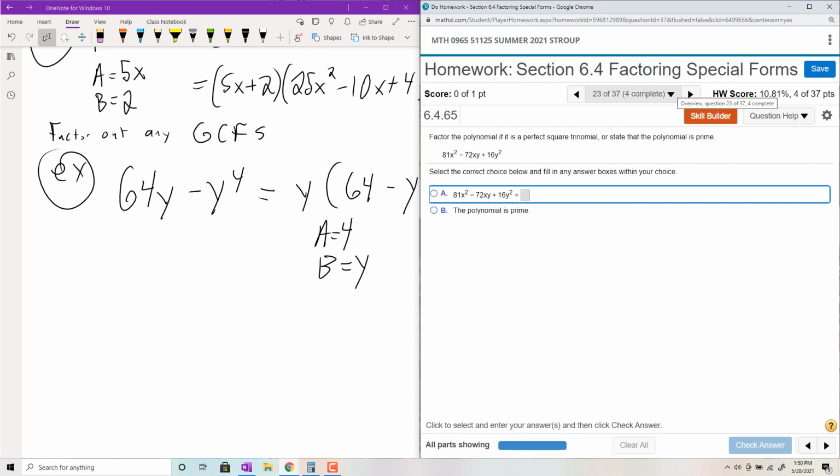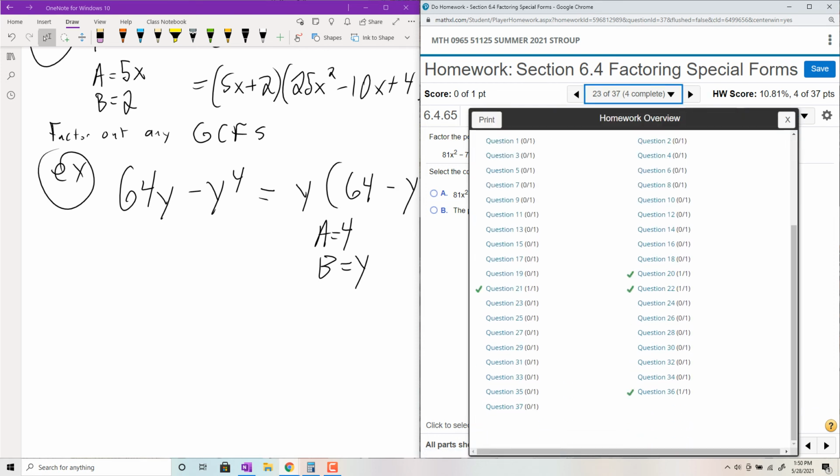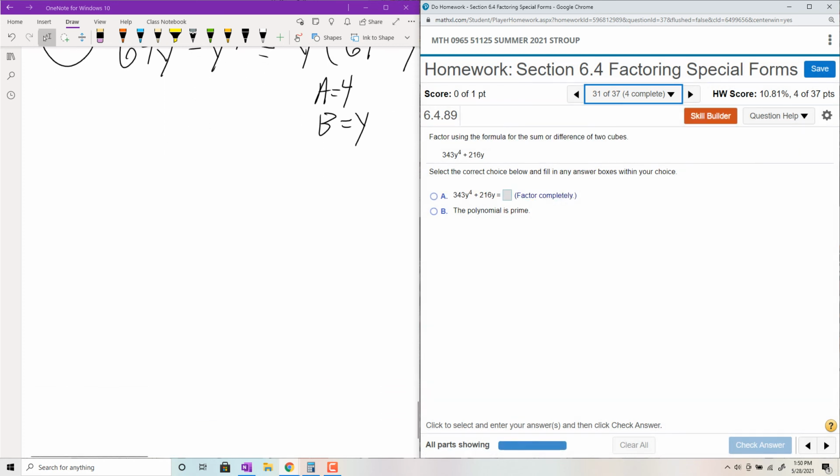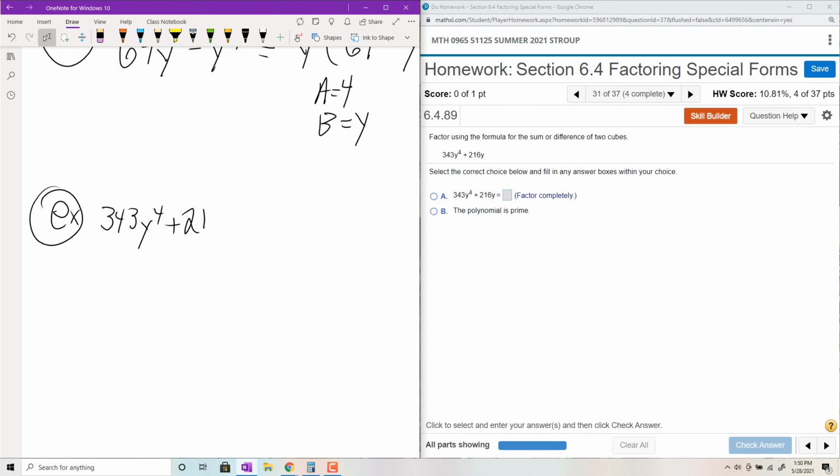So, let's see if there's the hard ones. I think we already looked at the last one. All right, so this is one just like what we did. 343y to the fourth plus 216y. I don't think I could factor anything out of the numbers, but I could factor a y out.